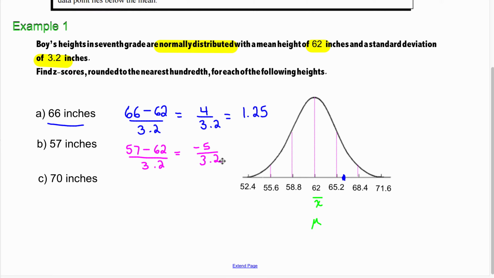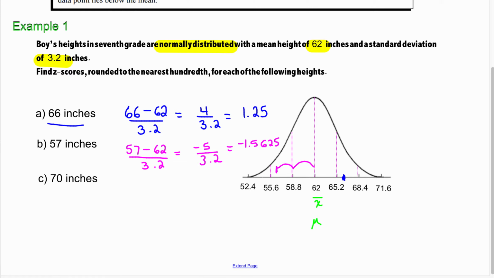The negative is telling us that we're below average, and we get negative 1.565. So that means he is a full 1.5 and a smidge bit more below average.